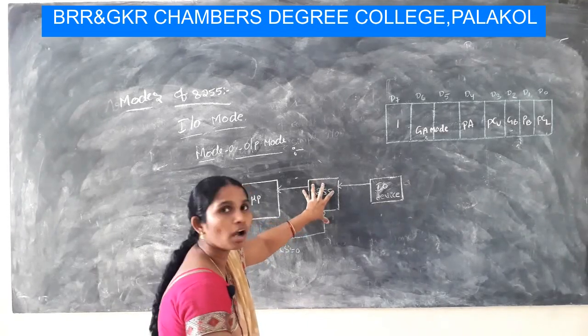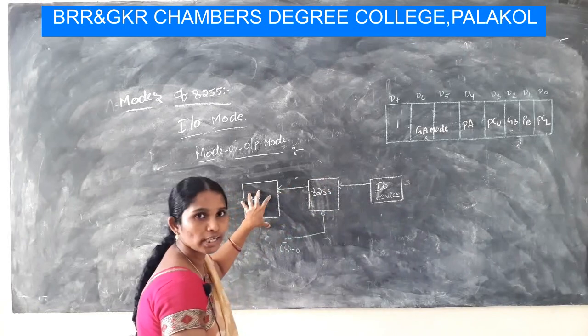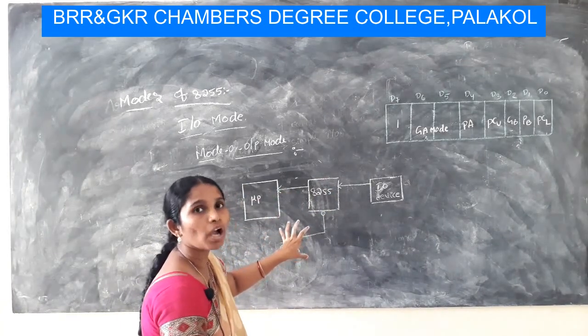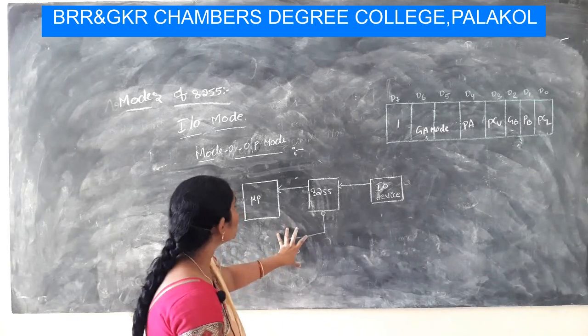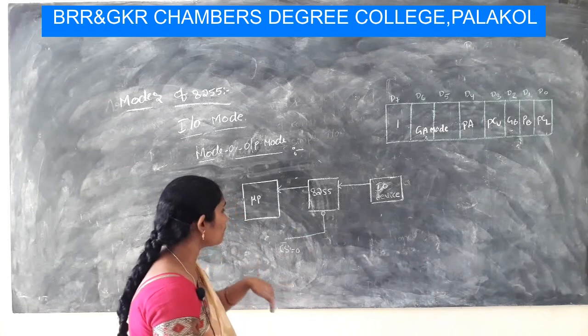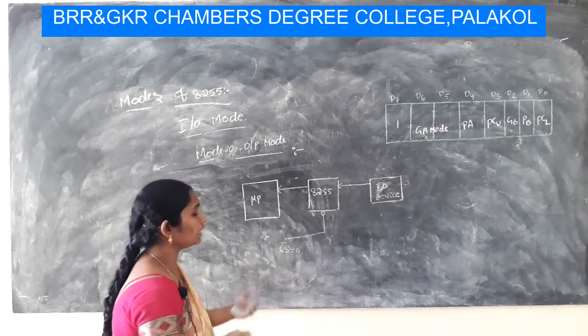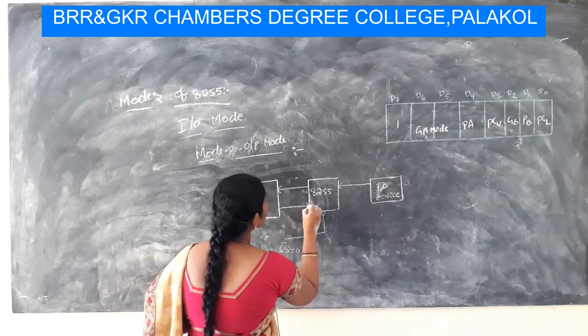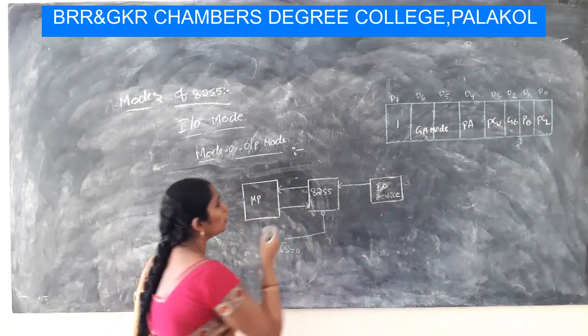In that condition also the microprocessor checks whether the CS bar is equal to 0 or not. When the CS bar is equal to 0, it will accept the signal, or it will send the signal to 8255.